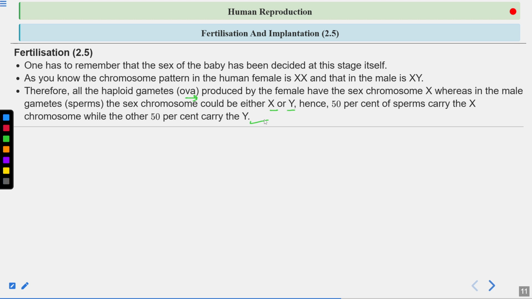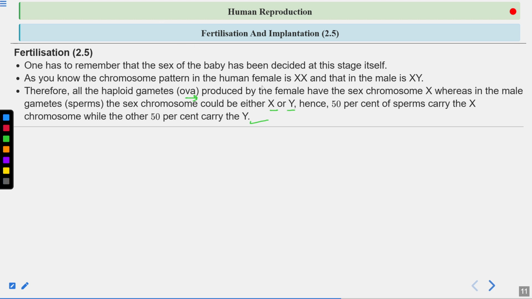Okay, so things to remember here are that males are heterogametic and females are homogametic. Males have XY chromosomes, females have XX chromosomes. Males produce two kinds of gametes, which is known as heterogamety. Females produce one kind of gamete, meaning all the eggs will have the X chromosome only. Then you can make different combinations.